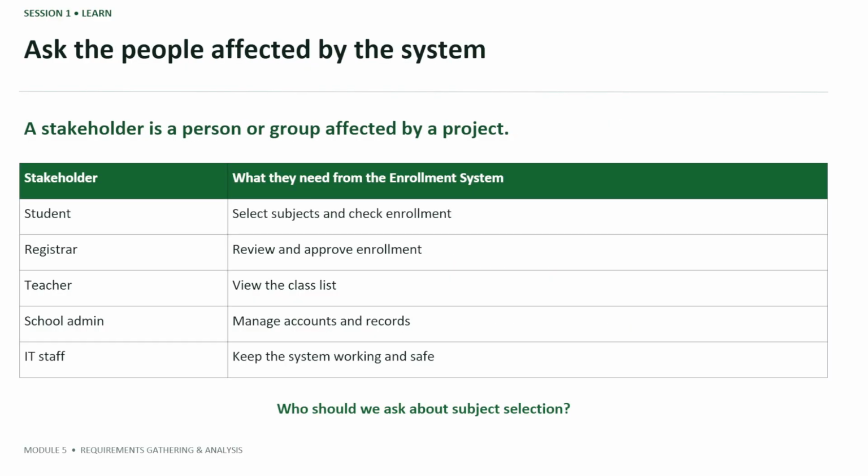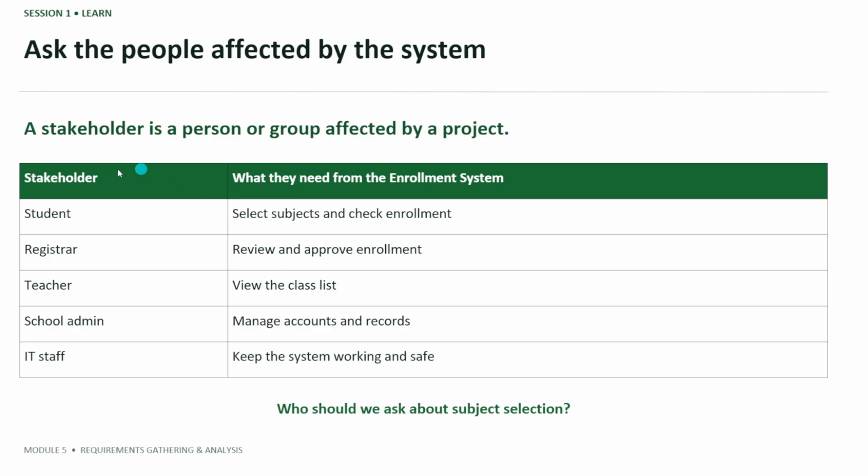So what are stakeholders? Okay, so stakeholders are the users involved in the project. So we've already identified your client, right? You've already set up a project. However, who are the potential users of that project that you are building? Okay, so let's say, for example, in the previous scenario, we have this enrollment system, right?